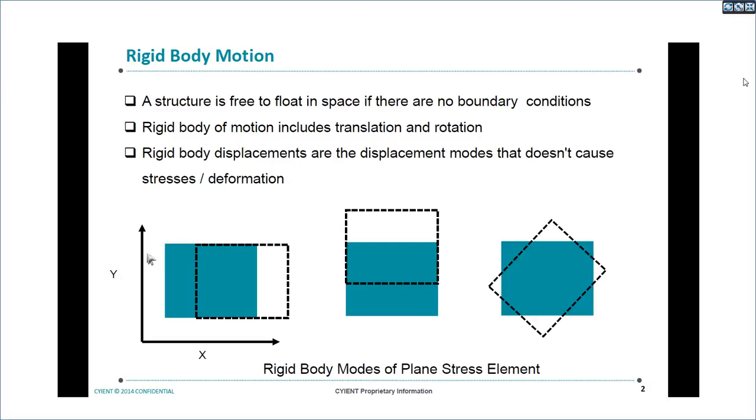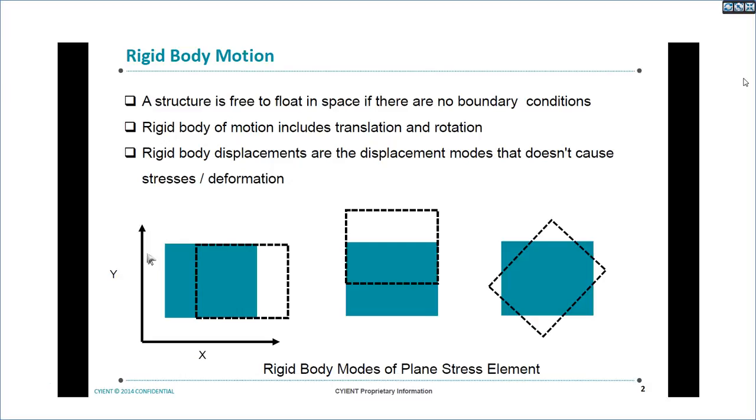If you don't constrain it, will it be restrained, or without subjecting any load, can this model be held in space? Definitely it will fall down to earth.